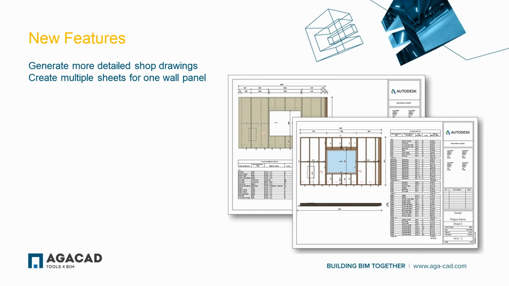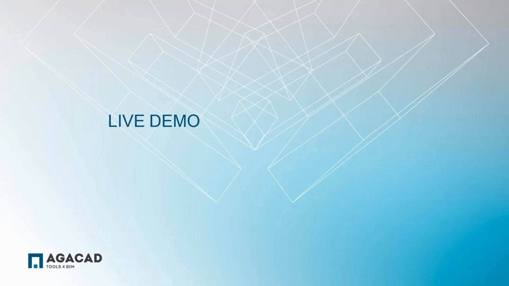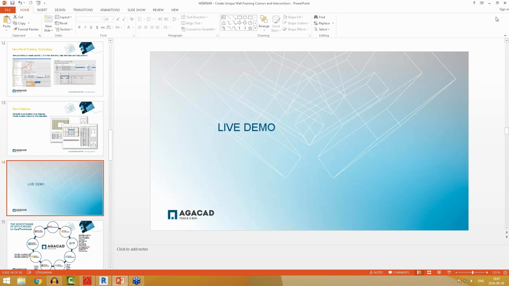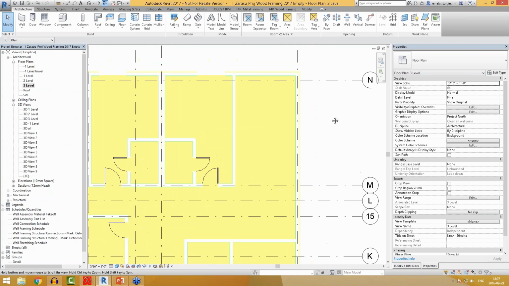One more very good feature we added into the new Wall Plus version is that you can now be more flexible with the shop drawings, and create multiple sheets for one wall panel.